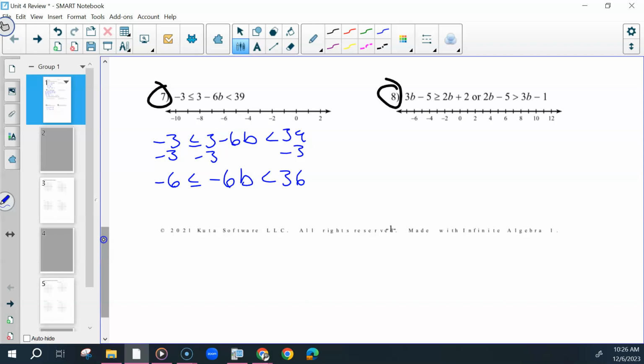Divide everything by -6. Because we're dividing everything, the sign is going to change for all of them. But we don't see our condensed answers like this. We're going to flip the whole thing, so that it's least to greatest.